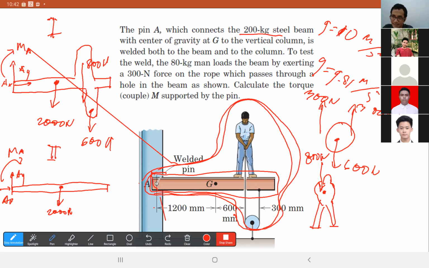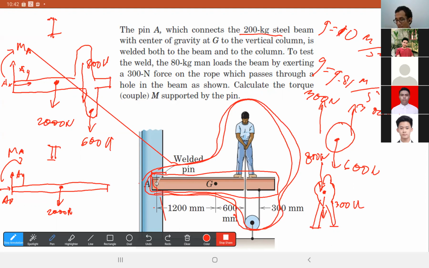Dia narik ke atas, oleh karena itu dia akan tertarik ke bawah. Besarnya berapa? 300 newton. Apalagi yang terjadi di sana? Ada gaya lagi dari tarikan itu, dari katrol ke atas. Enggak ada itu.